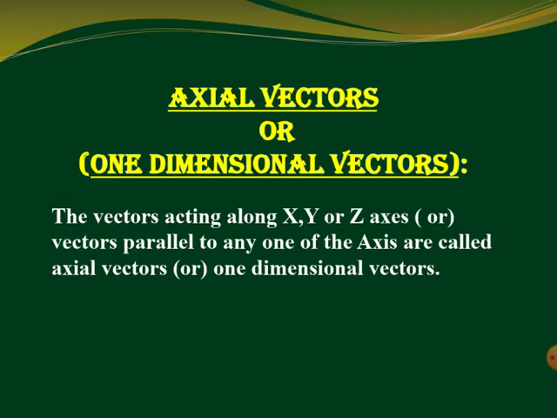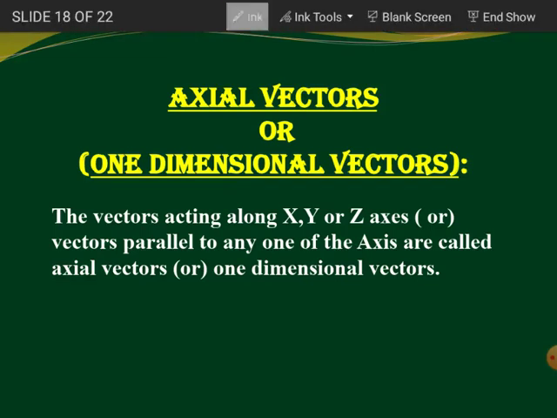Now let's see about the axial vectors or one-dimensional vectors. One-dimensional vector means that in order to specify that vector, if a particular direction is required, then we call it a one-dimensional vector. A vector acting along the x-axis, y-axis or z-axis, in a particular direction, is known as a one-dimensional vector.